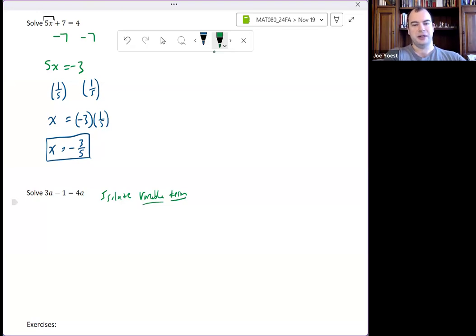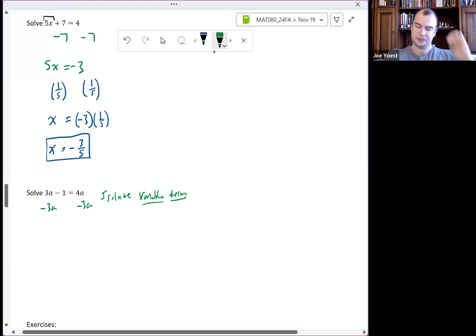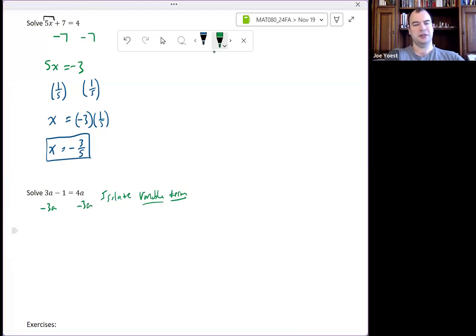To get my 3a onto the right-hand side, I add its additive inverse, negative 3a. On the left-hand side, 3a minus 3a is 0, and I just end up with negative 1. On the right-hand side, I have 4a minus 3a.